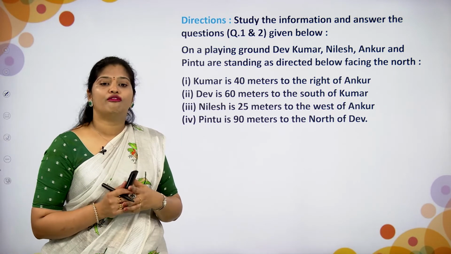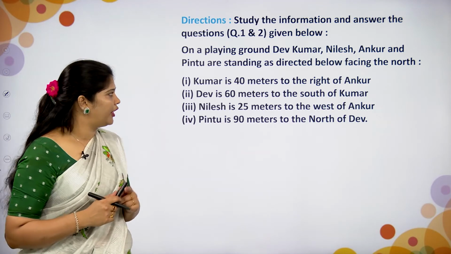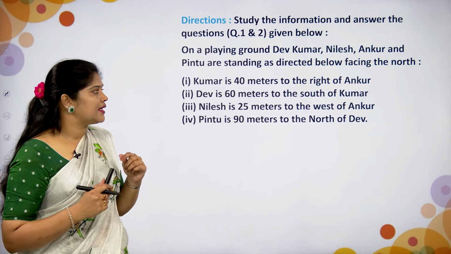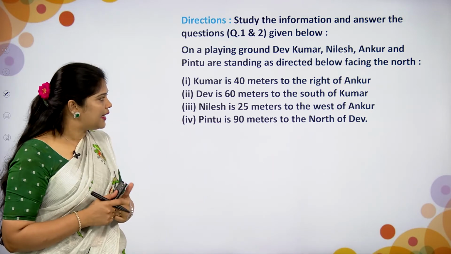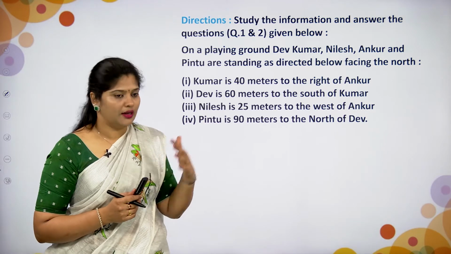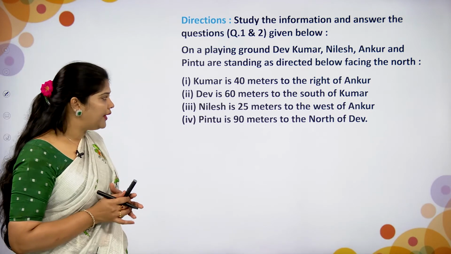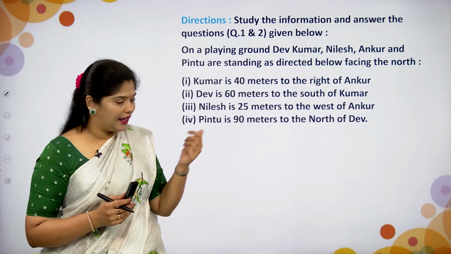Kumar is 40 meters to the right of Ankur, Dev is 60 meters to the south of Ankur, Nilesh is 25 meters to the west of Ankur, and Pintu is 90 meters to the north of Dev.